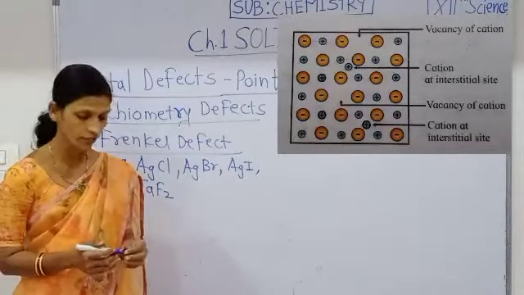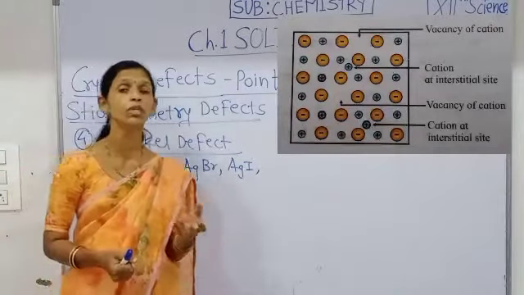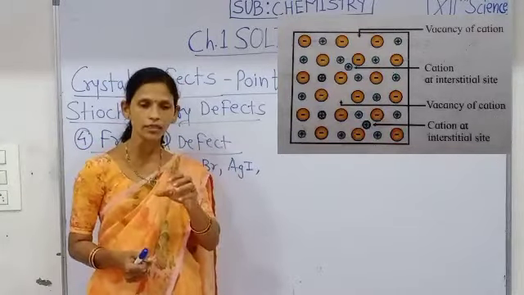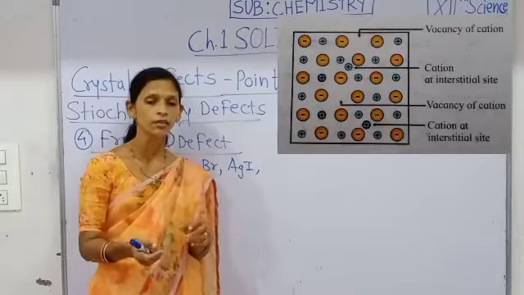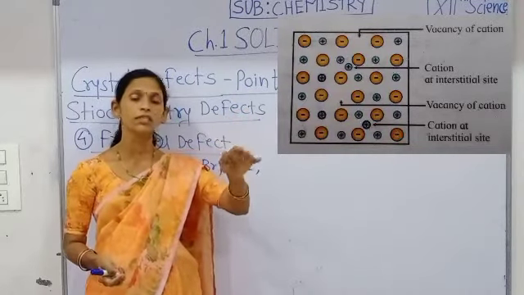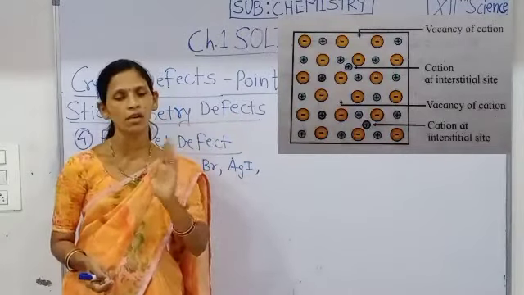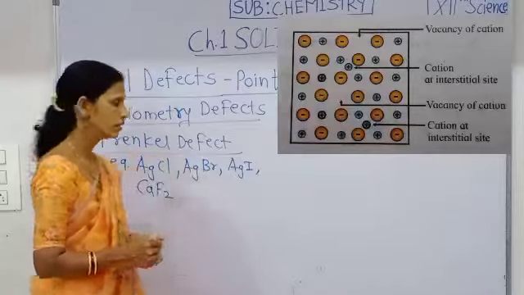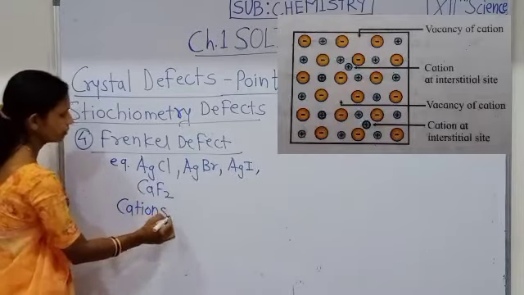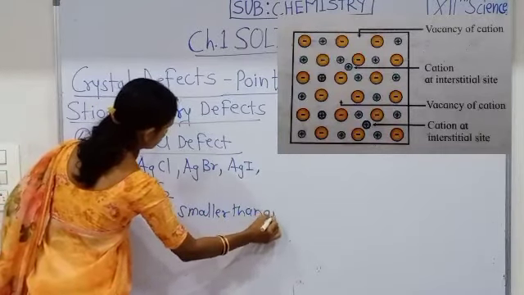Then what is Frenkel defect? It is due to the shifting of an ion from its regular site to a new position, that is, the interstitial space of the crystal lattice. All of you are aware that generally cations are smaller than anions.